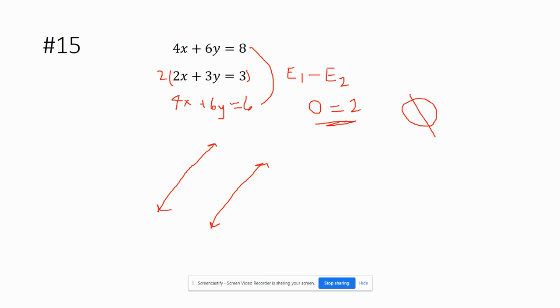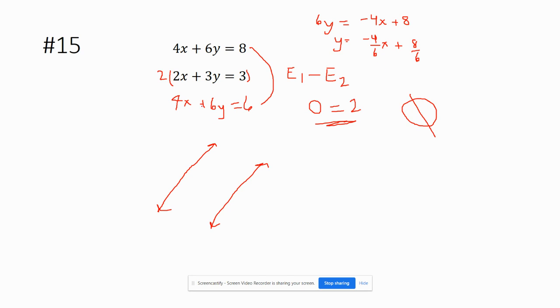So if we actually take our equation 4x plus 6y equals 8 and solve for y, we would get 6y equals negative 4x plus 8. And then we divide both sides by 6, and we get negative 4 over 6 times x plus 8 over 6. And we really should reduce those, but I'm not going to for now.